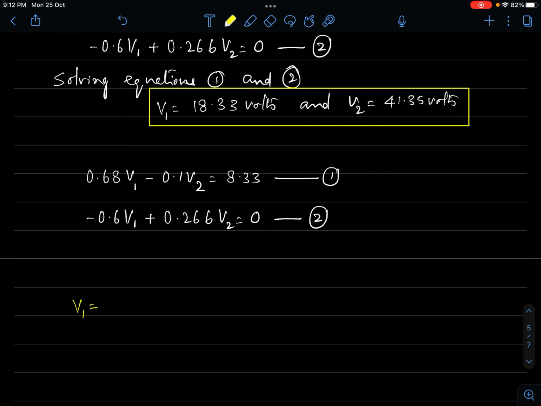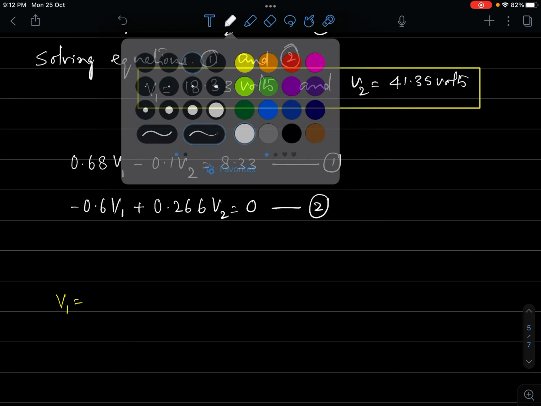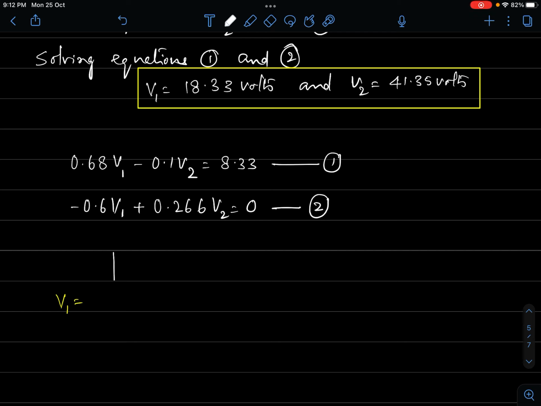It is simple. If I apply Cramer's rule, V1 is equal to the ratio of the determinants. What determinants? You have one numerator determinant and another denominator determinant. Okay, so what is the denominator determinant? It is 0.68, which is what we call the discriminant, minus 0.1.